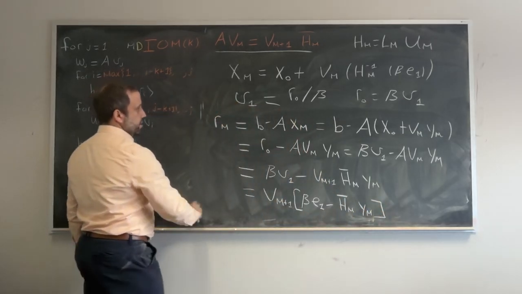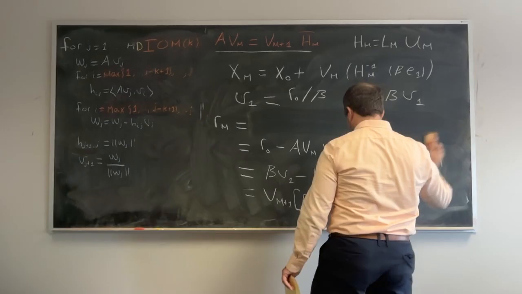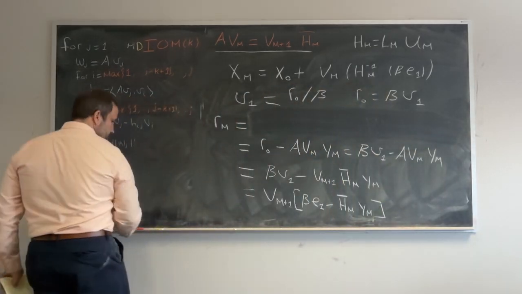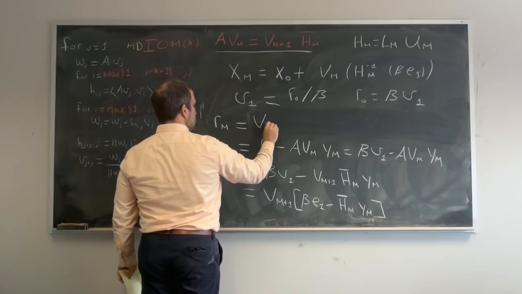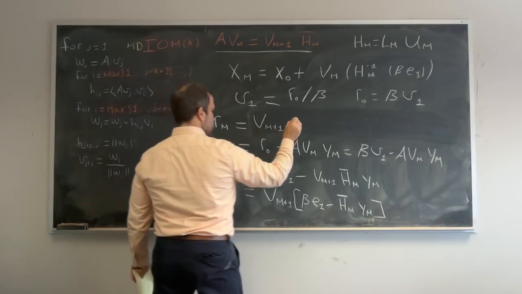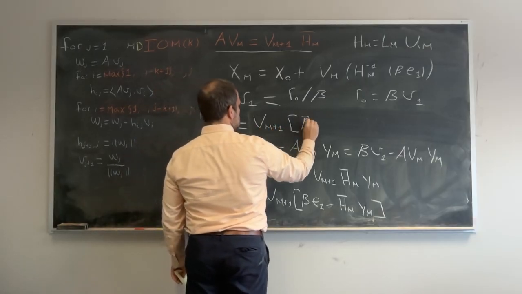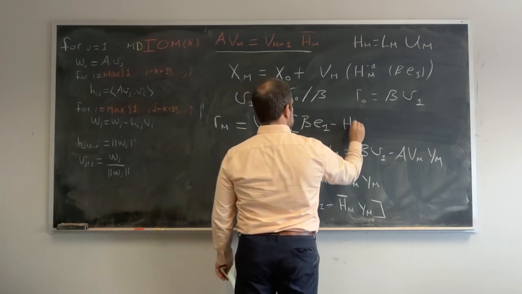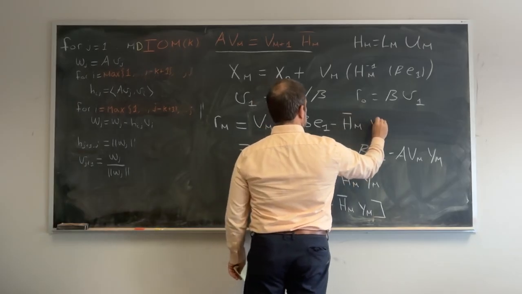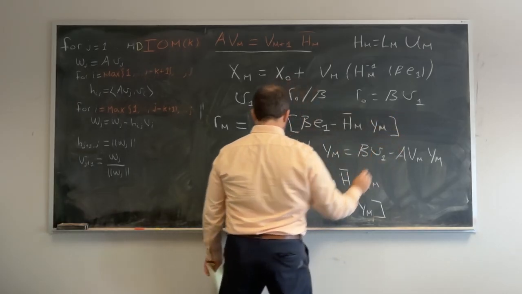Okay, so I'm going to erase everything and copy this up here. So we've got r_m is equal to V_{m+1} times (beta e1 minus H_m bar y_m).